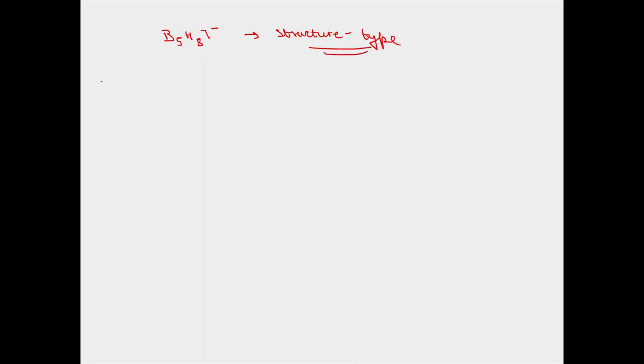Anybody knows what Wade's rule states? We have discussed this type of question before also. I am saying if we are having BnHn type of compounds, and there is some X minus, let's say we are having this type of compound.